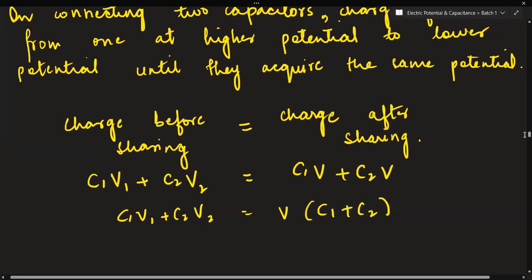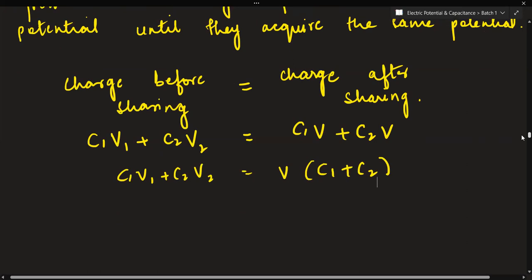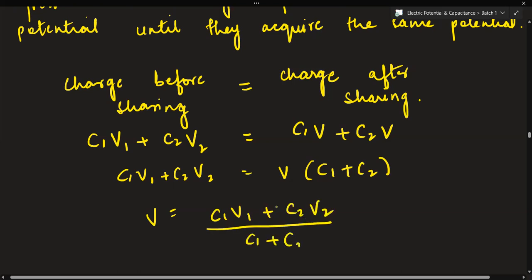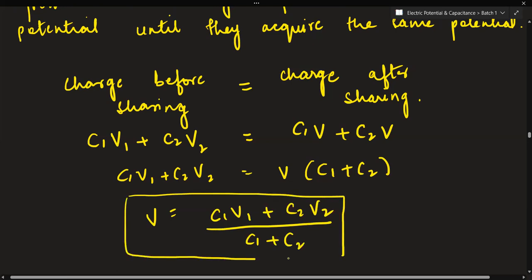And what is the value of capital V that is coming? Capital V, from here, will be C1 V1 plus C2 V2 divided by C1 plus C2.